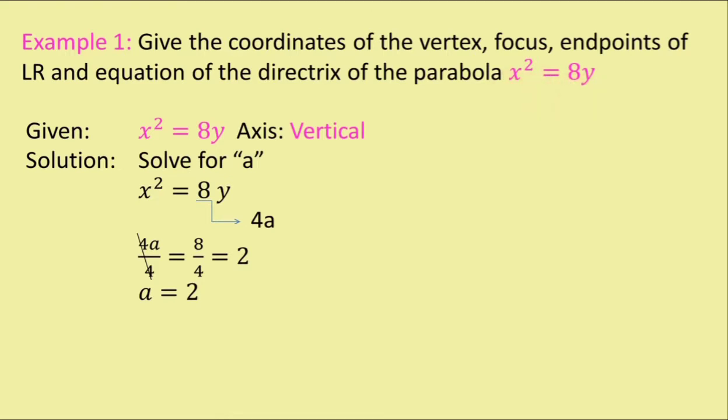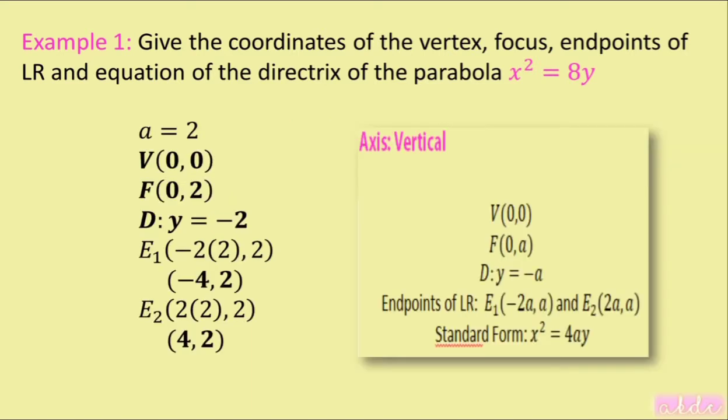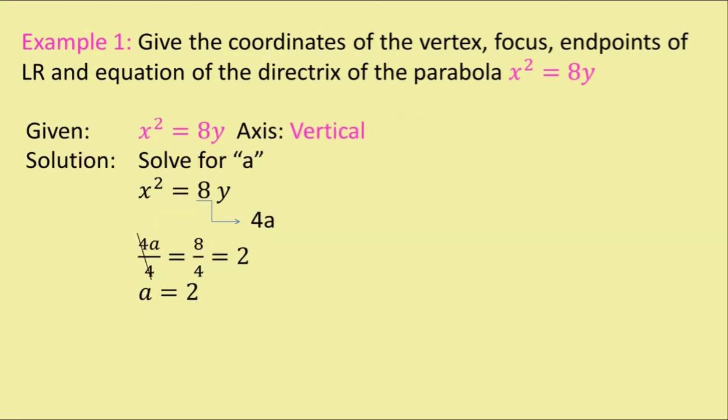So looking at the given x squared equals 8y, we can say that the axis is vertical using the pattern that we have earlier. So the axis is vertical because the standard form starts from x squared. Okay? So the first thing to do is to solve for a.